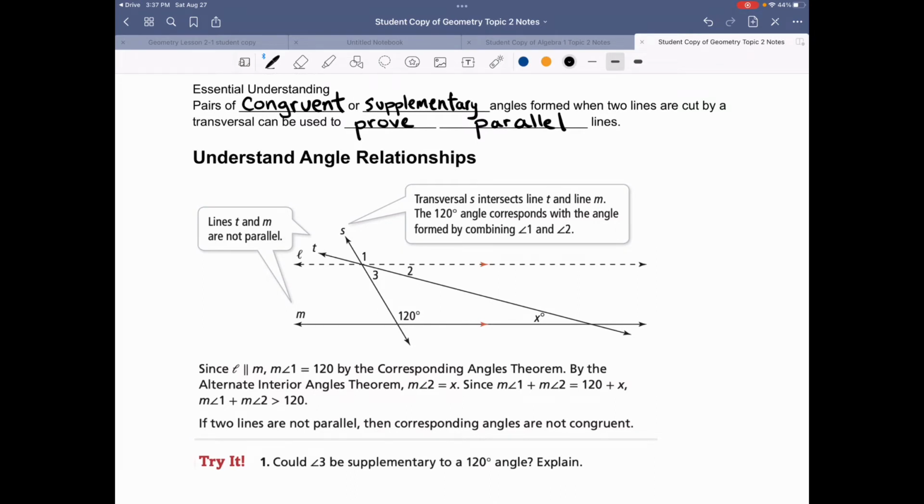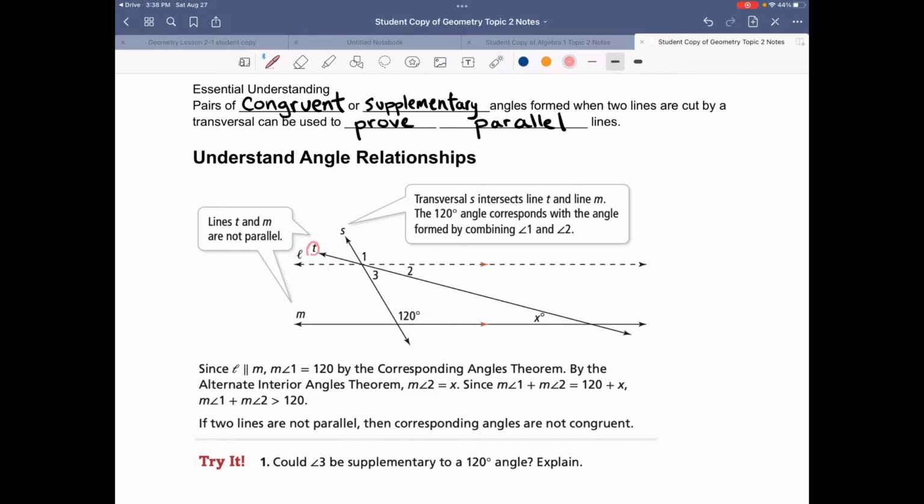Understand angle relationships. We're going to do two problems here. The first one is kind of done for us, but I'm going to explain it for you. We have these lines, T and M, that are not parallel. So find T and find M. I'll put them in a color for you so you can see.